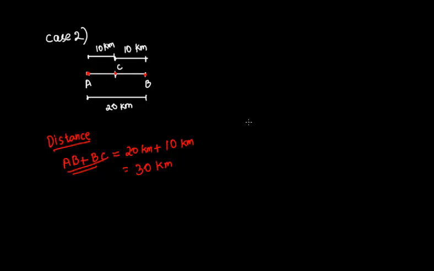Now let us find out the displacement. Okay. So now what is the displacement? Displacement is the shortest distance from the initial point to the final point. It doesn't care whether it went till B or some other point D here or some other point E here, it doesn't matter.